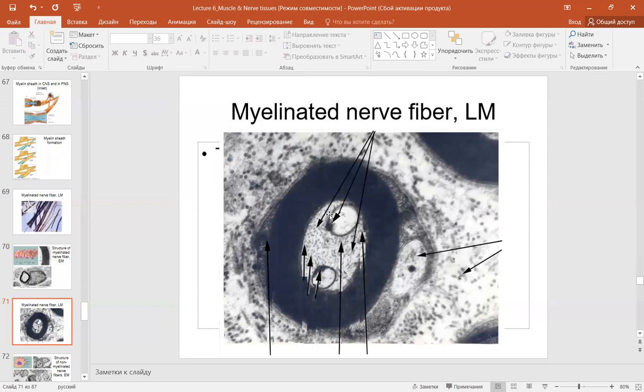Myelin nerve fiber on light microscopic level, on electron microscopic level. Here is a mistake, number 71 slide. This is cytoplasm, nucleus of the Schwann cell, and this is axolemma, the axoplasm, the cytoplasm of the axon terminal.